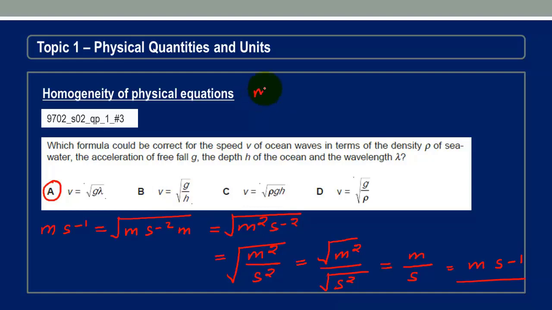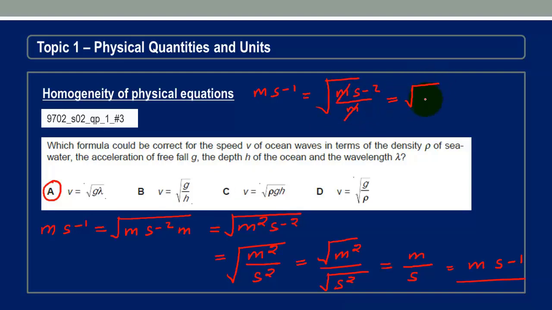The unit on the left is meters per second. The unit on the right is square root of g. g is meters per second squared. h, which is depth, has the units meters. These meters and these meters are going to cancel out.